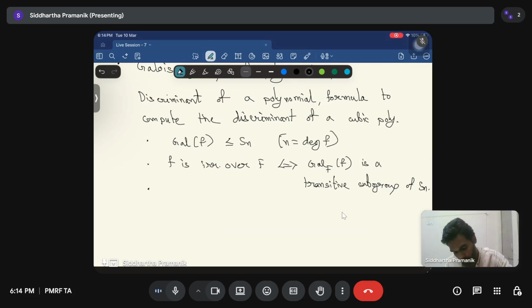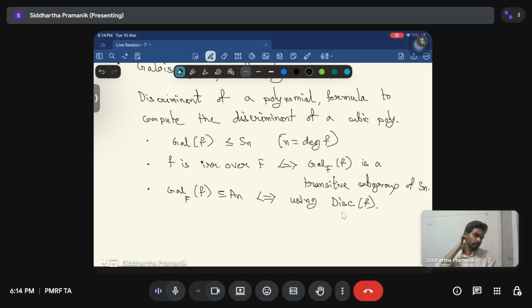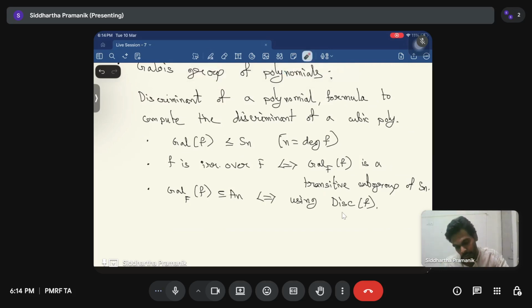Also, using the discriminant, we have given a characterization of when the Galois group of the polynomial f is a subgroup of An. If the discriminant is a square, then it is a subgroup of the alternating group. Otherwise, it is not.